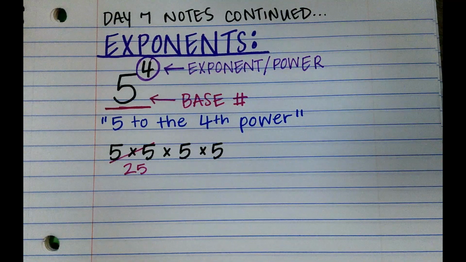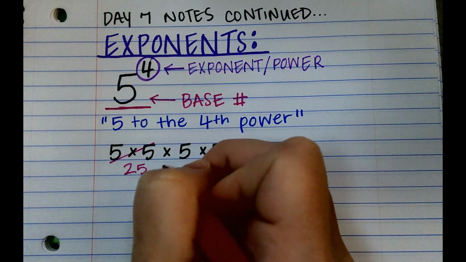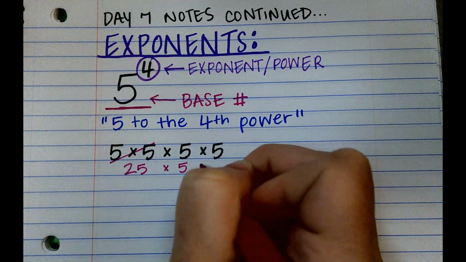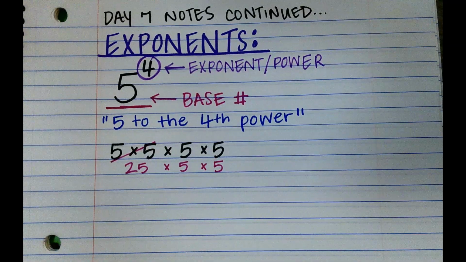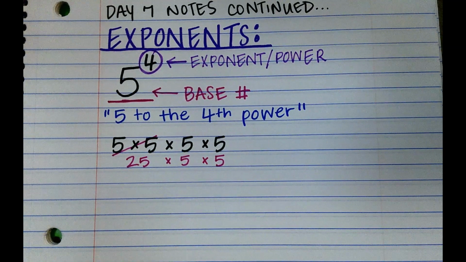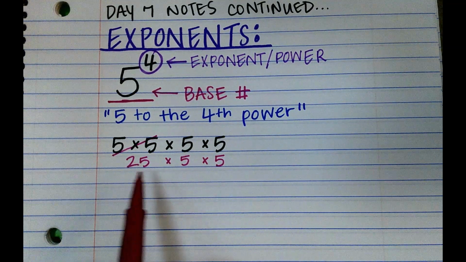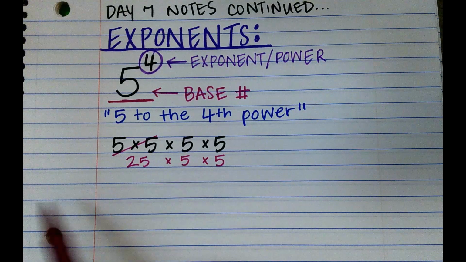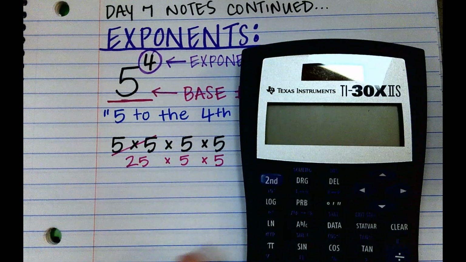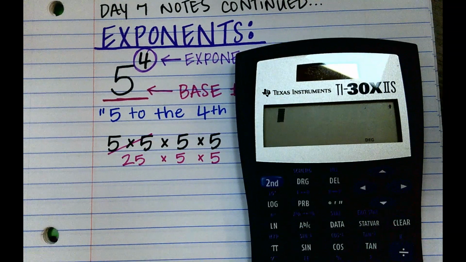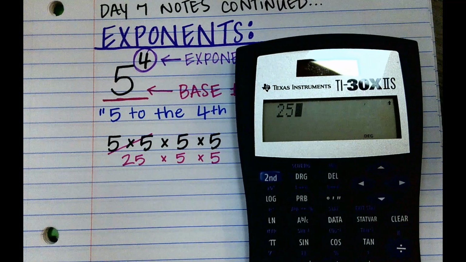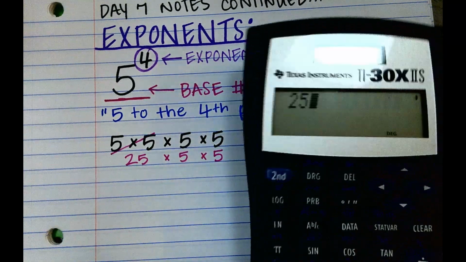Now we can bring everything down: 25 times 5 times 5. What would I do next? 25 times 5. Yeah, there's a really fast way to do this, I'll show you next.